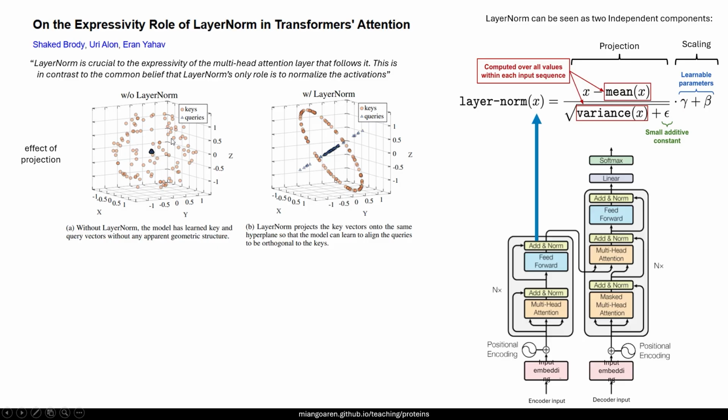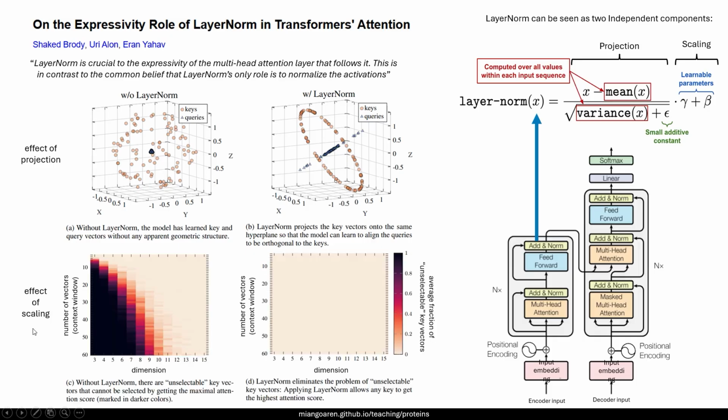They seem to be in a dispersed cloud that represents disorganized information. But when we apply this type of normalization, the geometric structure observed when mapping the keys and queries vectors is relatively more organized, which allows us to more easily access the relationships that occur within these two types of vectors. This is the contribution of the projection element in normalization, and in the scaling part, relatively interesting dynamics also occur.